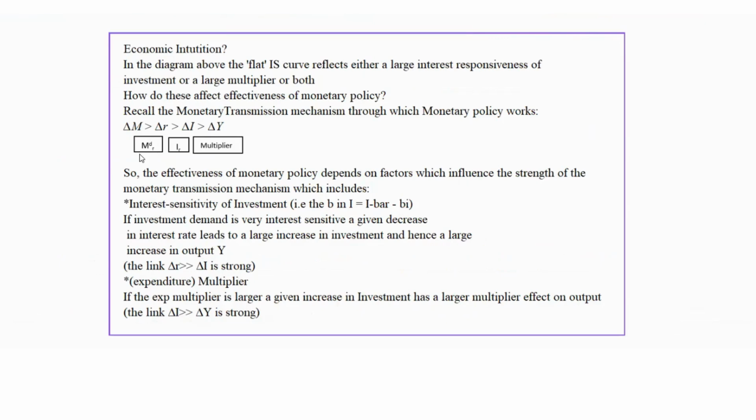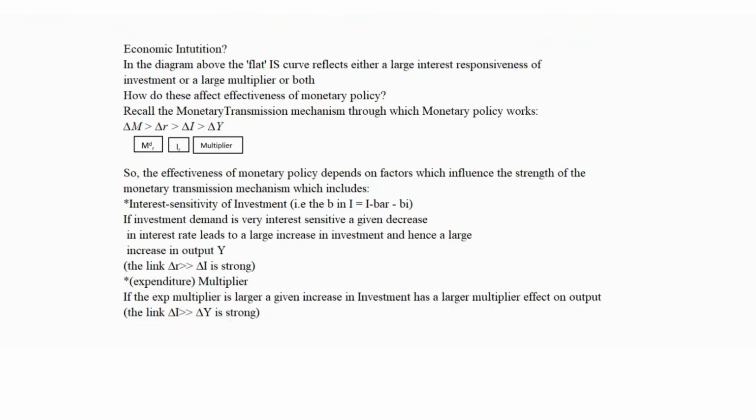If we go back to our monetary transmission mechanism channel, like we said, if interest responsiveness of money demand is low, then the change in money supply would require a larger change in interest rate. Interest rates need to fall by a lot to increase money demand enough so that it's equal to the new higher money supply, because demand is not very sensitive to interest rates, so it requires a larger drop in R to increase money demand sufficiently. And then that larger drop in R will result in a larger increase in investment, which will result in a larger increase in output.